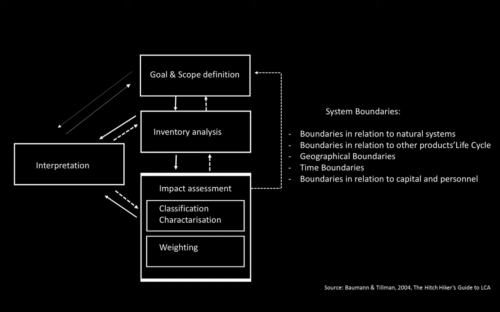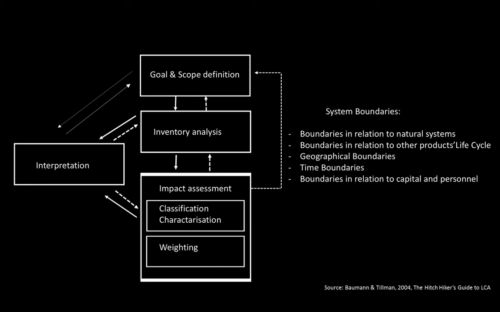The other decision you have to make is the boundaries in relation to other products' life cycles. That is when some parts of your product are used in the next product production. You also have to decide the geographical boundaries. Can data for a product produced, for example, in Europe be used in the United States or in China?